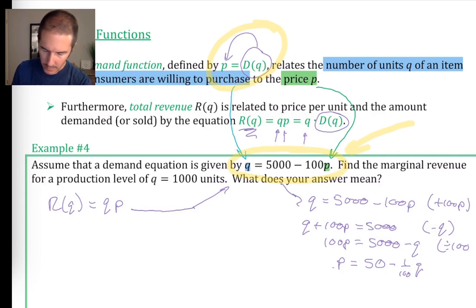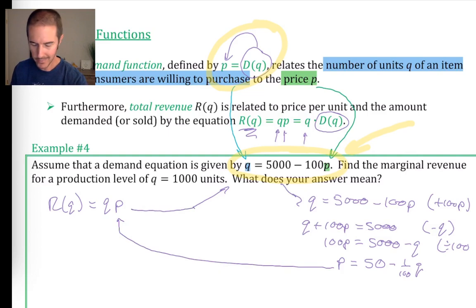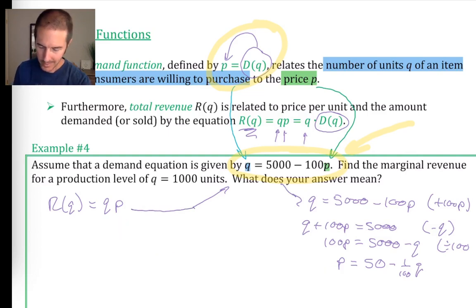And it's this P value that's now going to come back into here. So by substitution, instead of using arrows, let's put a star here.